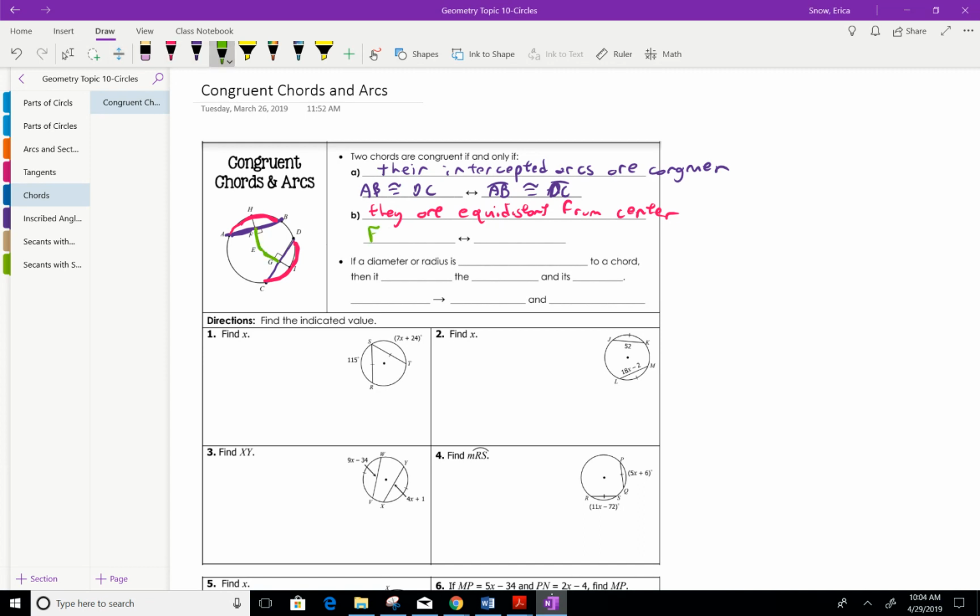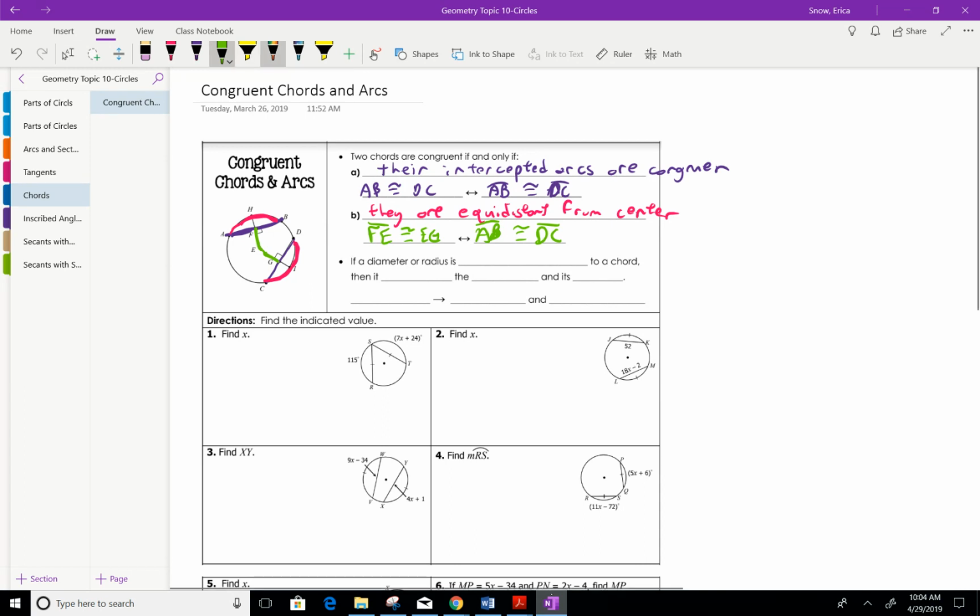So if FE is congruent to EG, then segment AB is congruent to segment DC. And the same is true the other way. So you can say if the chords are congruent, then the arcs are congruent. If the chords are equidistant, then the chords are congruent. And if the chords are congruent, then they're equidistant.